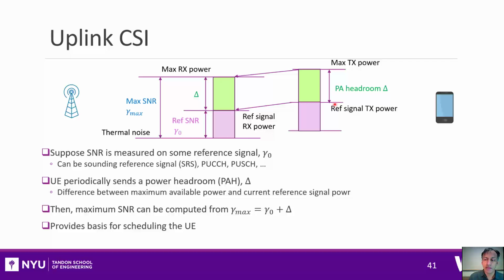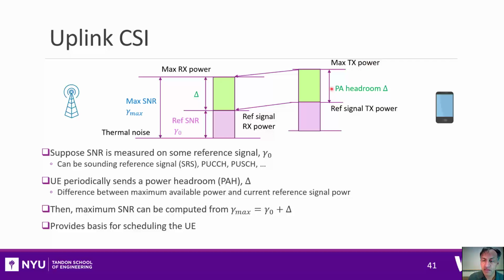For example, if that reference signal was taking the UE 0 dB and the maximum power of that UE was 23 dBm, then the UE could say, hey, I have 23 more dB of so-called headroom.